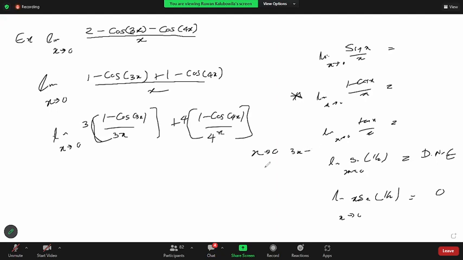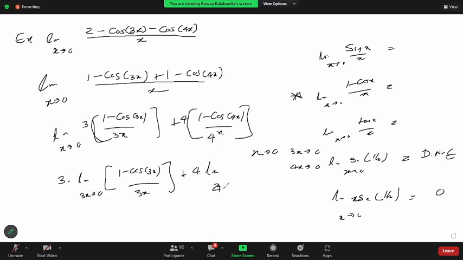Then when x approaches 0, you can check it. 3x always goes to 0, as well as 4x also goes to 0. You can separate the limit: 3 times limit as 3x approaches 0 of 1 minus cos 3x over 3x, plus 4 times limit as 4x approaches 0 of 1 minus cos 4x divided by 4x.